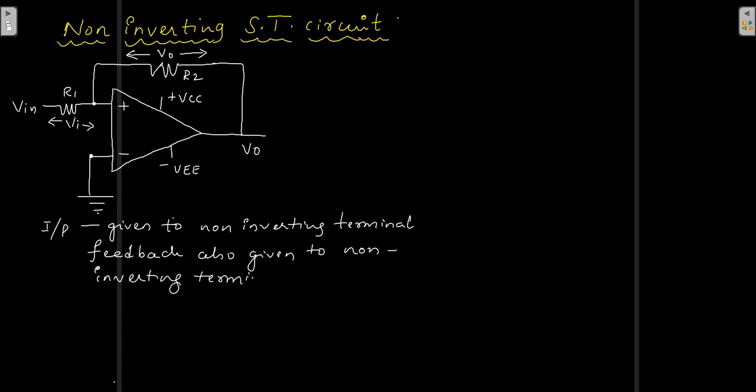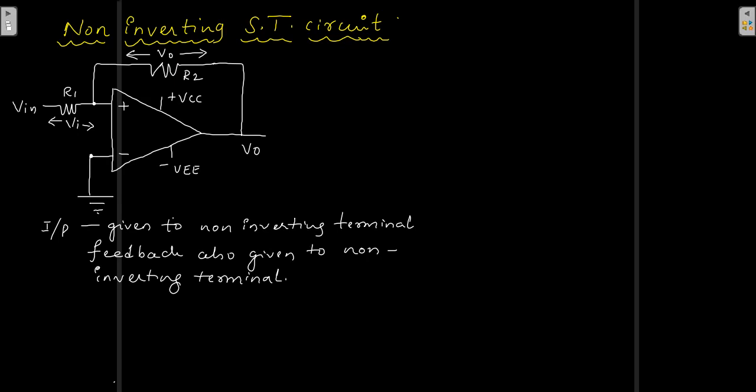This is a very important thing. You must write this whenever an explanation of the non-inverting Schmitt trigger circuit is asked. Okay. So now let us see how it works.